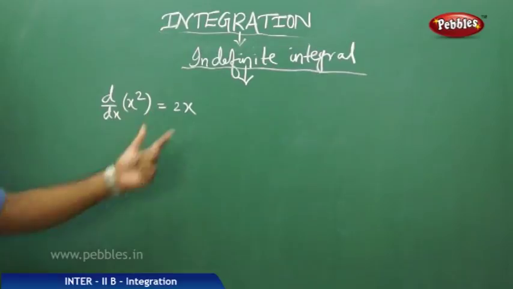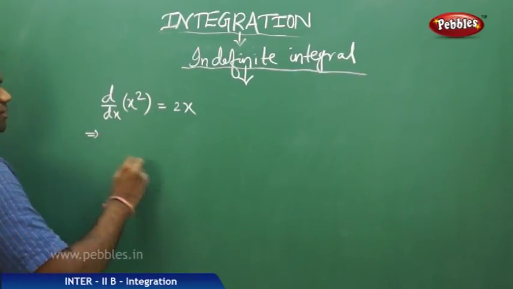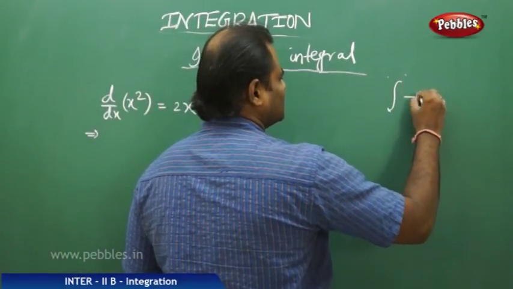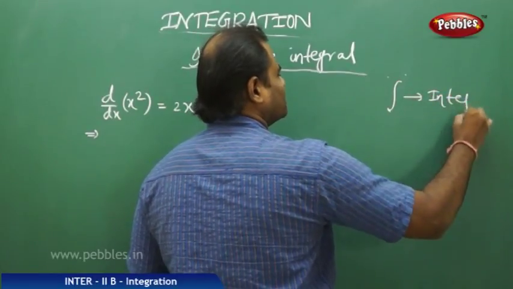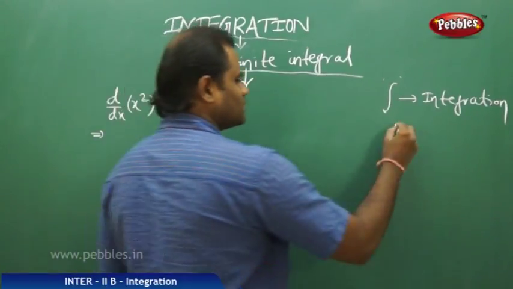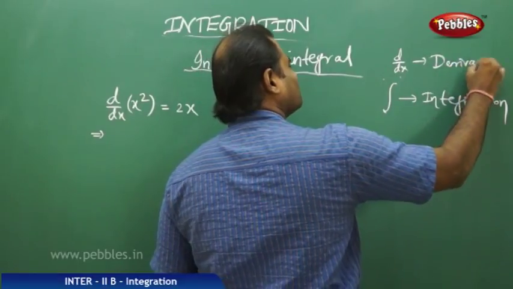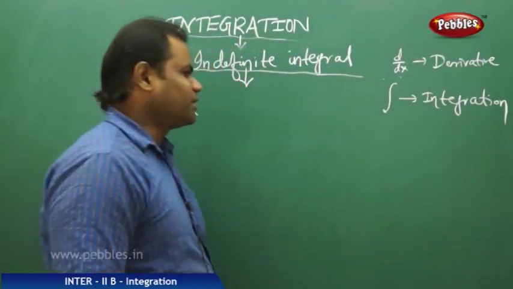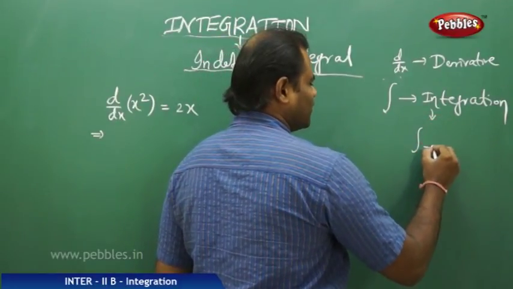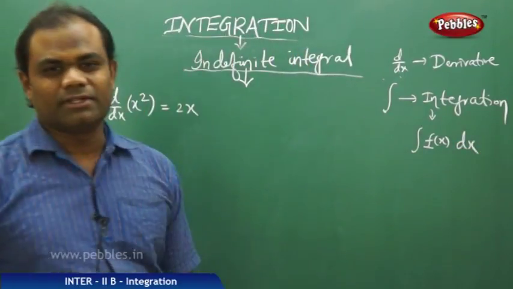That implies my integration, which is generally denoted by an elongated S or summation S, is the symbol for integration. So as I denote the derivative with d by dx, my integration is denoted as integral of some function f of x dx.